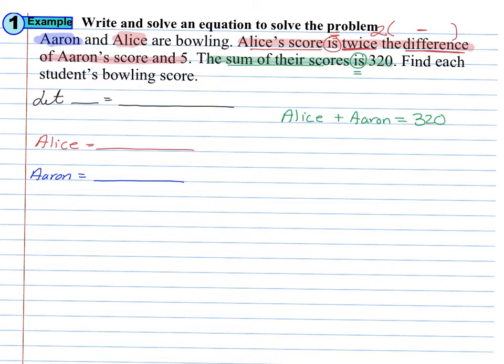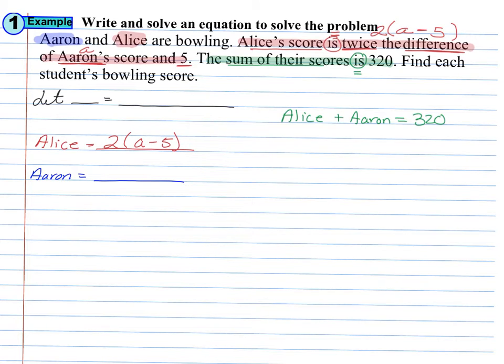So we're going to go minus something. Minus what, 2 things. On the next piece, it says we're going to subtract, the difference between Aaron and 5. So let's just say Aaron is little a. So little a minus 5. So now we know that Alice's information is twice Aaron minus 5.